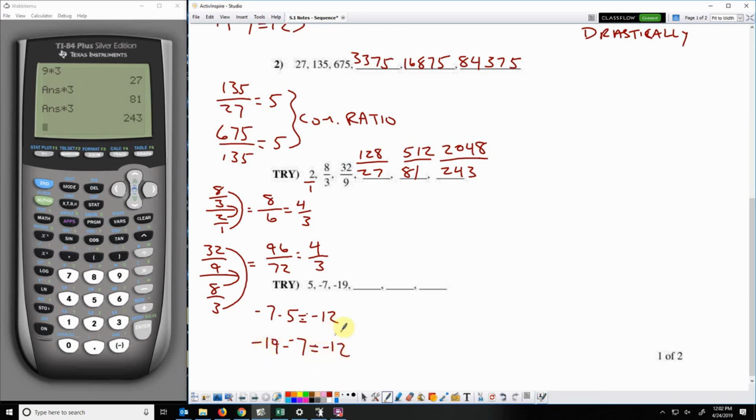So we've got a common difference of -12. So -19 plus -12, which is -31. Then -12 again and again. And those are the next three terms.